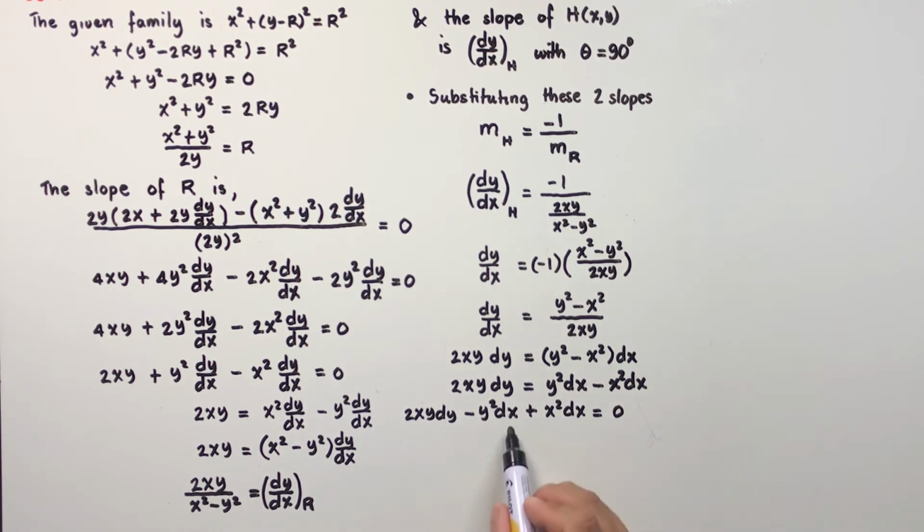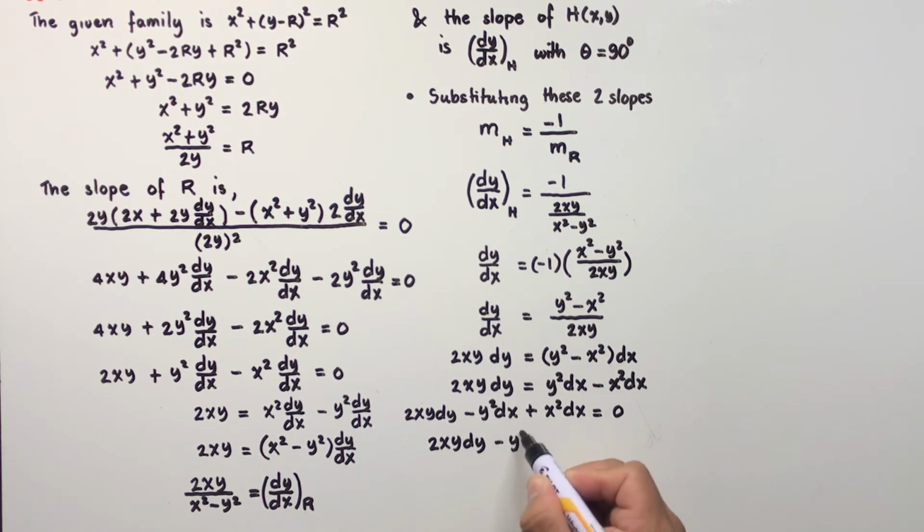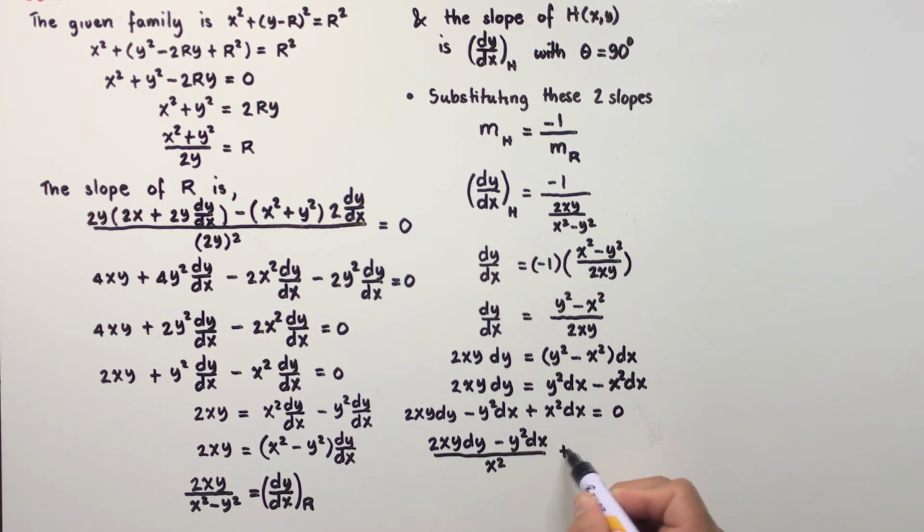And dividing both sides of the equation by x squared, we have 2xy dy minus y squared dx divided by x squared, and this x squared here will be cancelled.